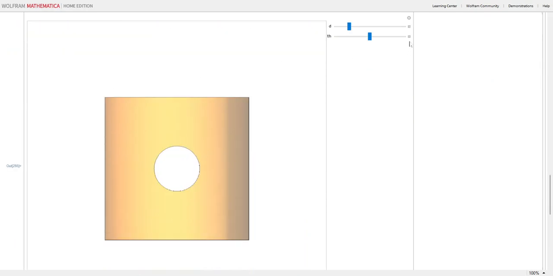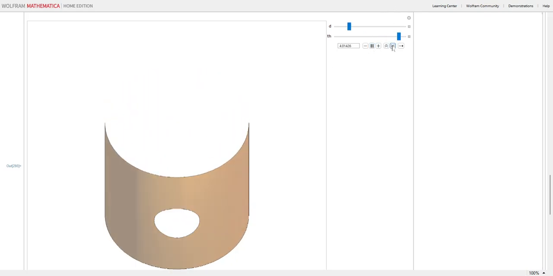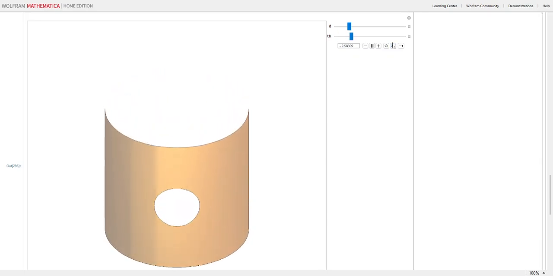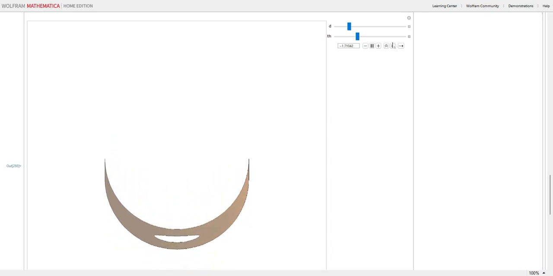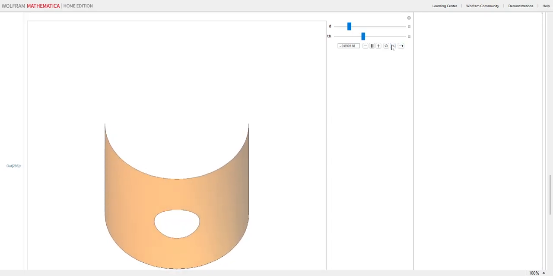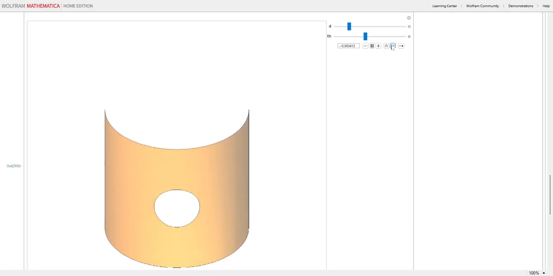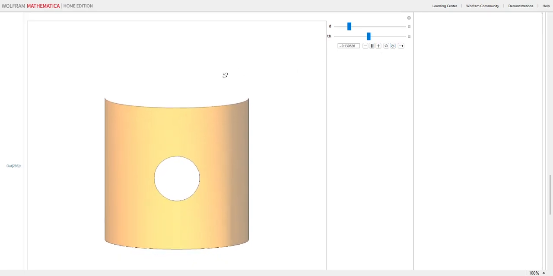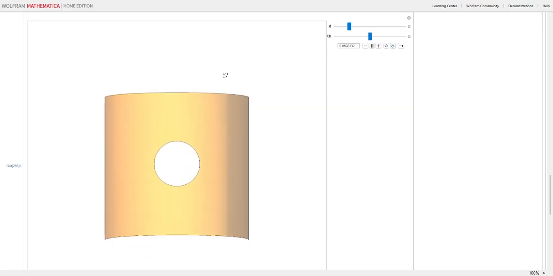And now we can fully rotate it like so. And let's rotate it a bit slower so we can appreciate what's going on.